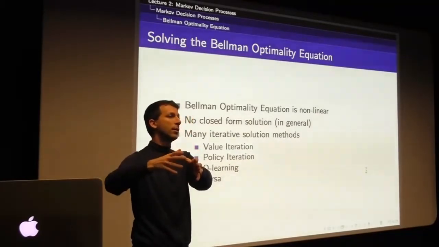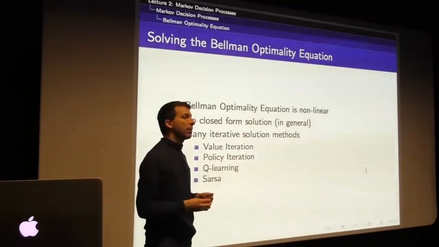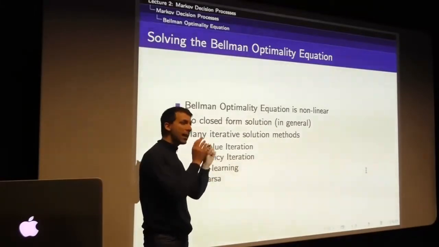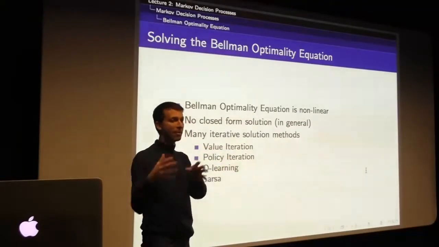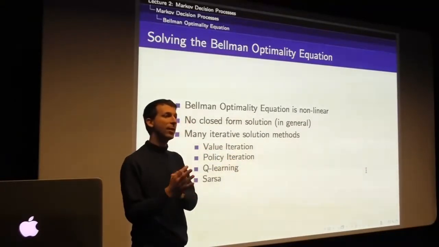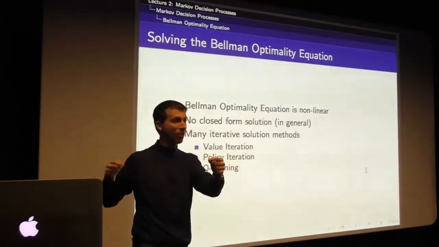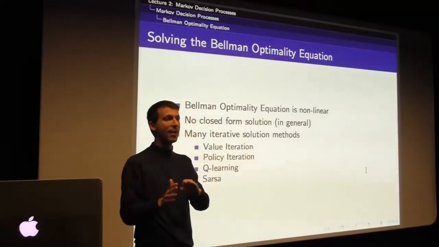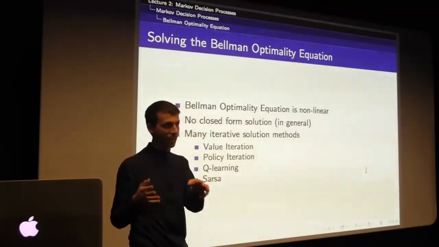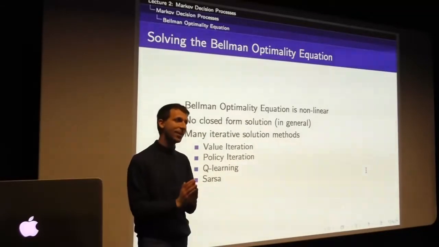So that can be implicit in the model you've shown us today. However, that transformation can be quite complex. You might need to remember all the things that you've seen so far, and it can be a more complicated MDP that you end up having to solve. So that's the first answer.